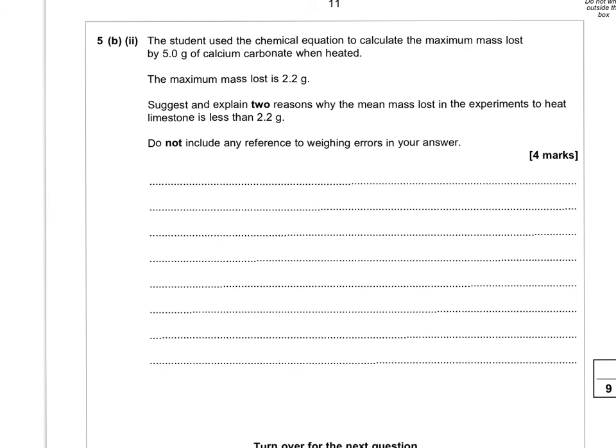Student used the chemical equation to calculate the maximum mass lost by 5 grams of calcium carbonate when heated. Maximum loss is 2.2 grams. Suggest and explain 2 reasons. 4 marks. Okay, so it's the suggesting and the explaining. Okay, for 2 of them, 1 each.